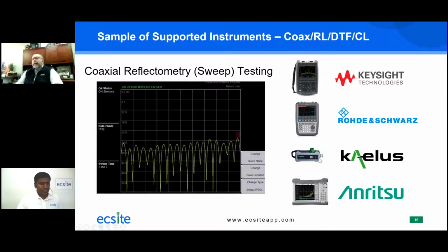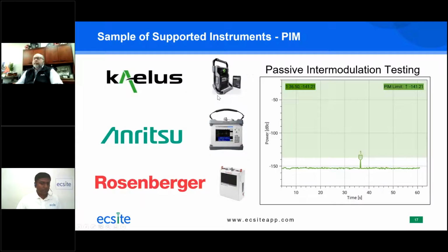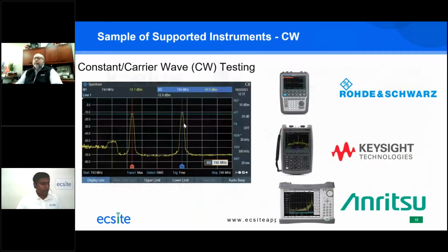The Kalis IVA is a popular instrument for field use in DAS projects that we've seen. So all your sweep testing can be done with those. Your PIM testing, again, has 3 different instruments available out there, and we support all of them. CW testing, downlink, uplink testing, again we use different instruments for that.